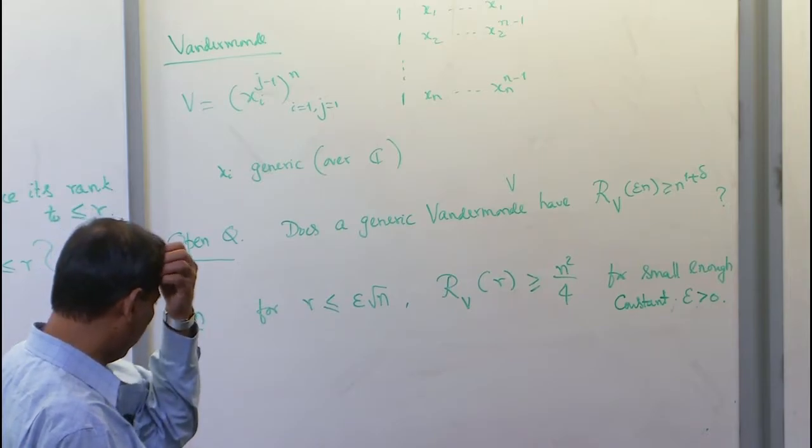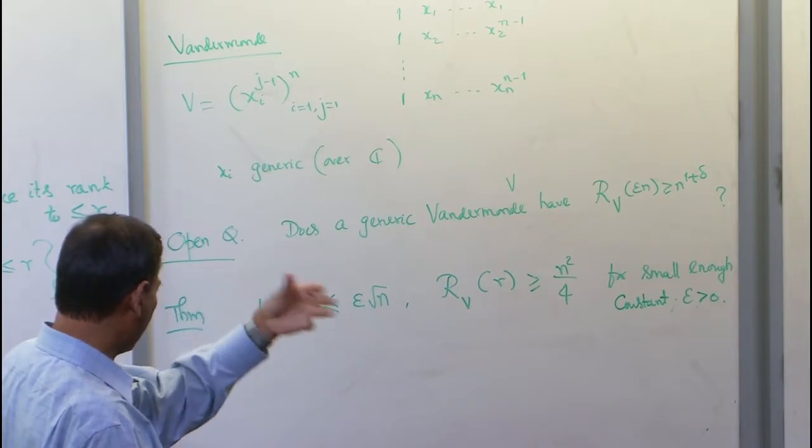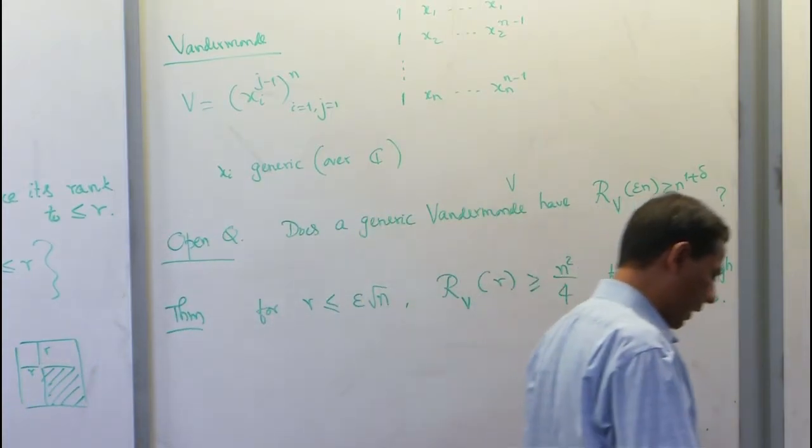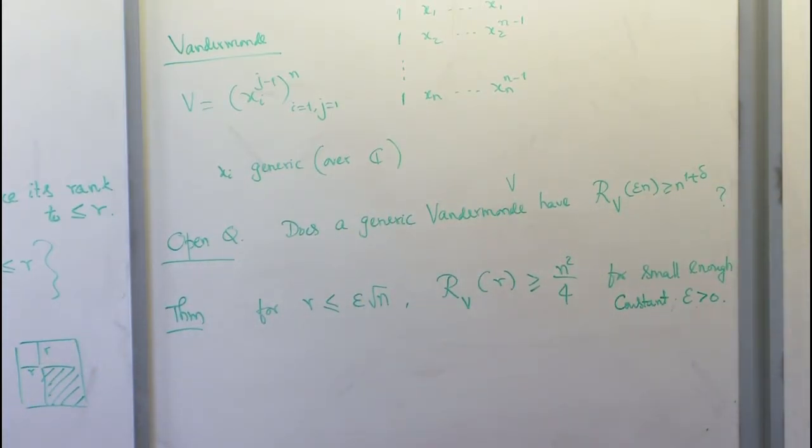Okay, so at least asymptotically, for small enough rank, we know that it has a quadratic rigidity. I will sketch the proof because I'm probably going to run out of time to do everything I want to do.